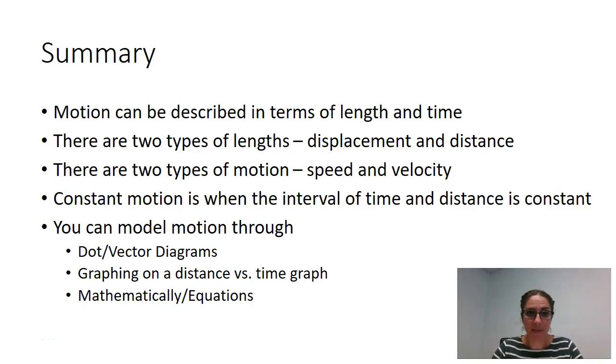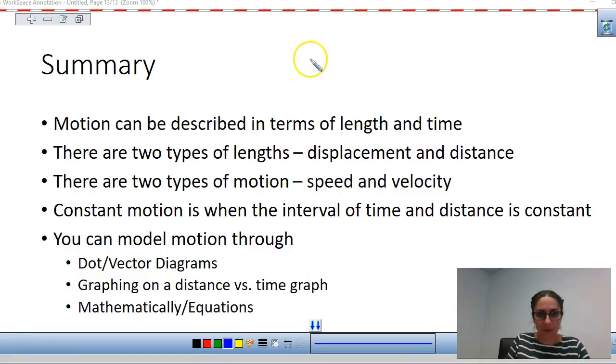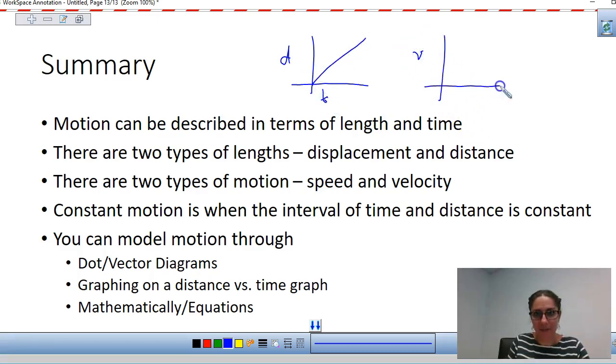And you can model constant speed in a velocity versus time graph and a distance versus time graph. So for constant speed in a distance versus time graph, it looks like a slanted line, but for a velocity versus time graph, it looks like a straight line, and both of these are constant.